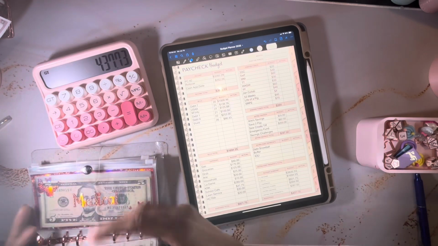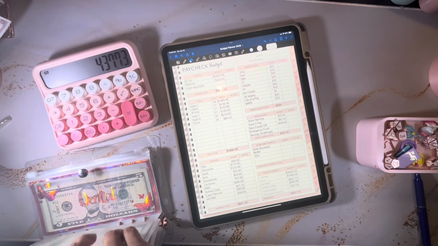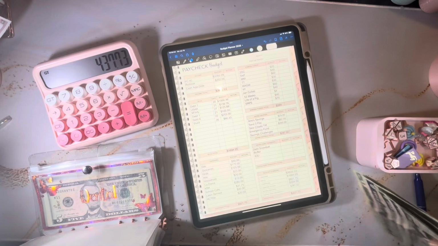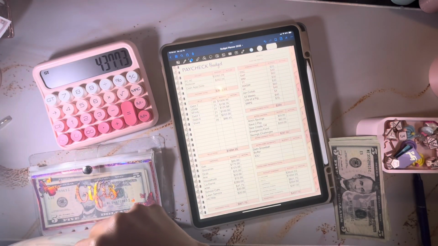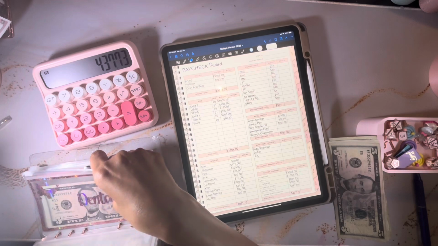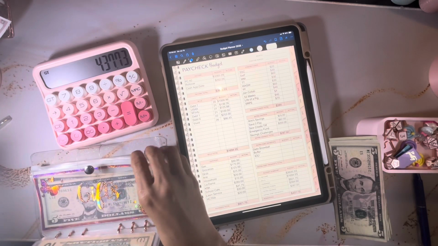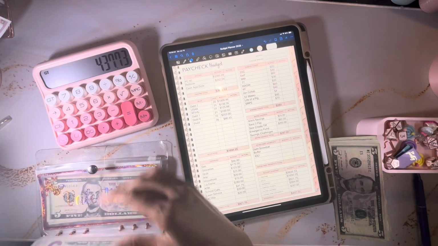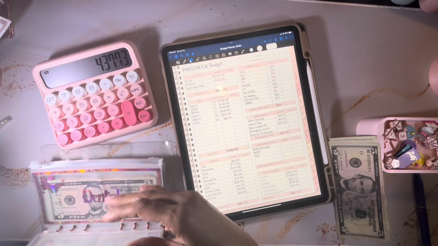Whatever I have in medical, let's go ahead and take this out and put that in the account, because I did do my copays. Dental, we haven't had that appointment yet. So I think that's all I need to take out for now.